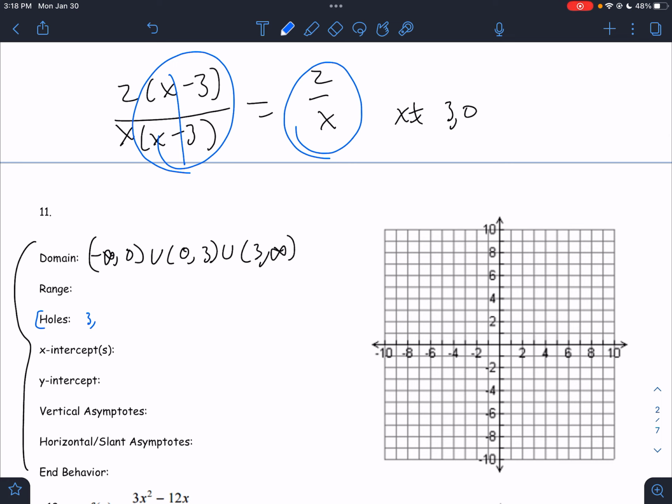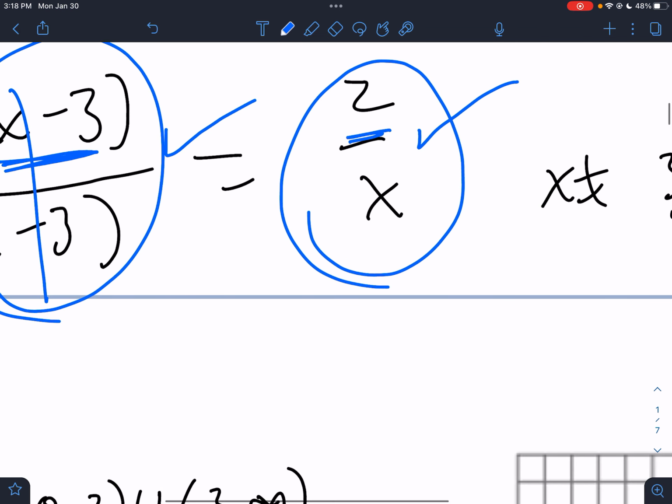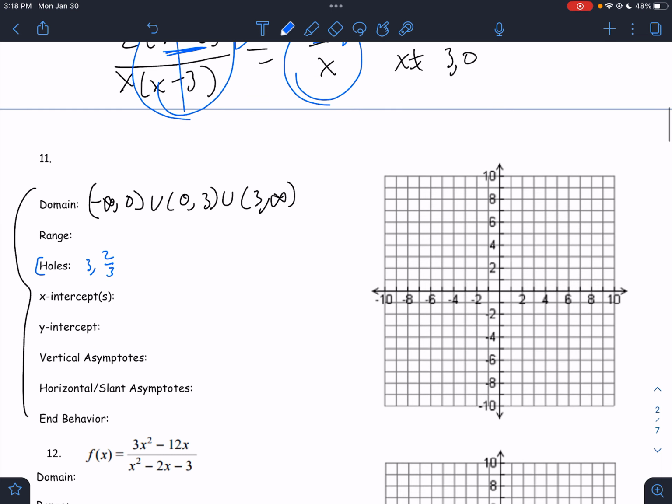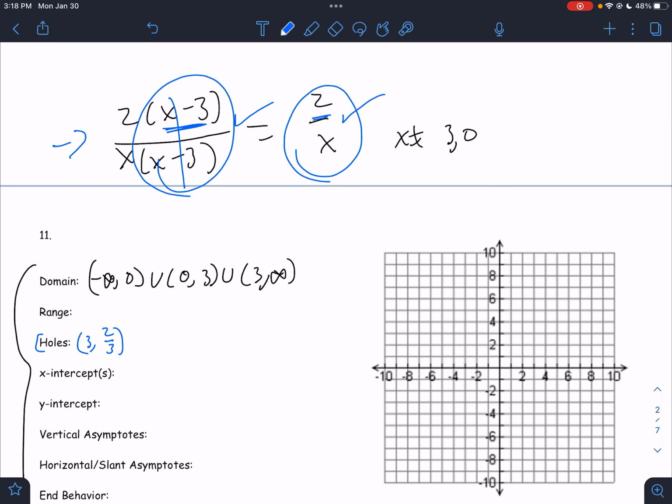I can't do big lessons on all these little items, but this graph and this graph look exactly the same in the calculator. The only difference is this one has a hole at 3 and this one doesn't. So if I plug 3 into this one, I will know where the hole is located: at 3 comma 2/3. That's where the hole is. So that's the first thing you have to do.